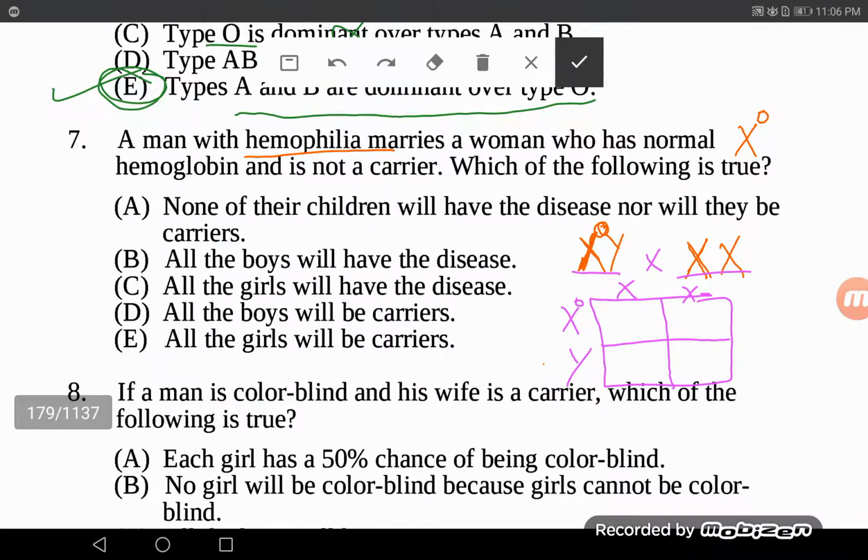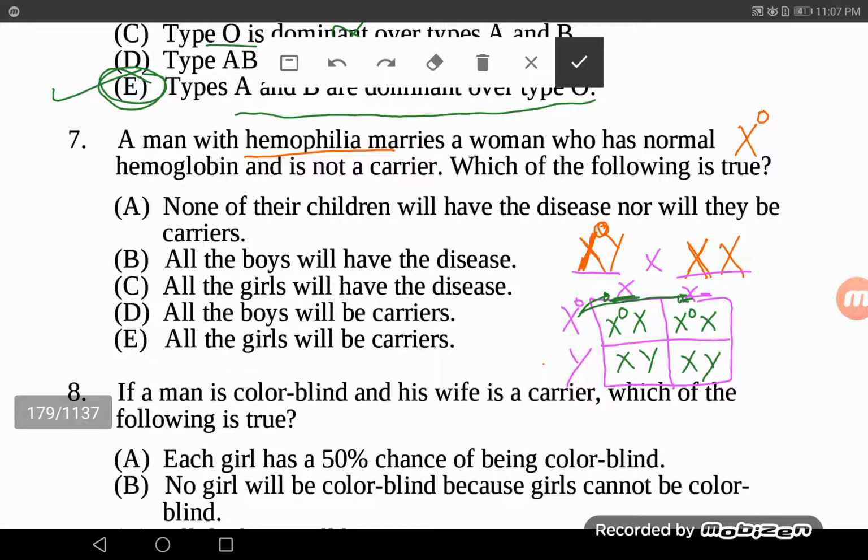Okay, so when we cross this one with this one, it will be X0 and X. For this one again, it will be X0 and X. For the male, for the Y allele, we are crossing it with the two alleles of the female, so it will be XY and XY, okay.